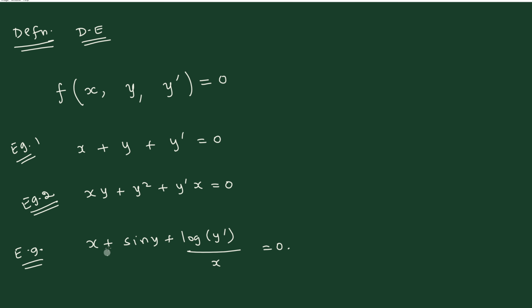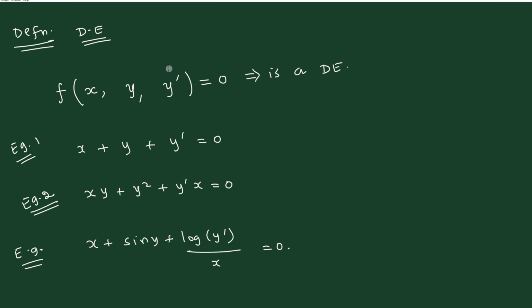This is also a combination of independent variable, dependent variable, derivative of the dependent variable. I am having a combination of them. That's all. A functional relation between them. If you are going to have that, such a relation is what is known as a differential equation. This is the formal mathematical way to define a first order differential equation.